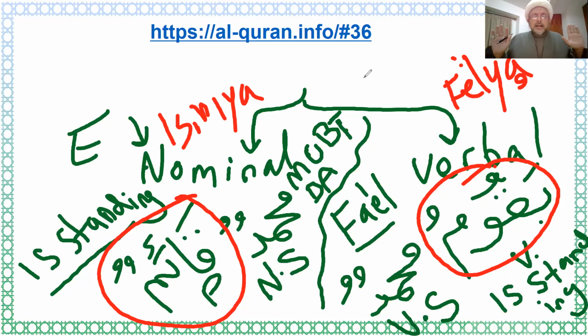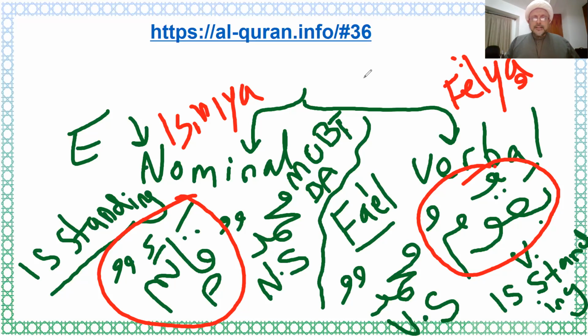So these are the components, the pillars of the Arabic sentence. If it is a nominal sentence, you will have mubtada and khabar, nominal subject and predication, like is happening something. And if not, if it starts with a verb, then it will have a verbal subject.